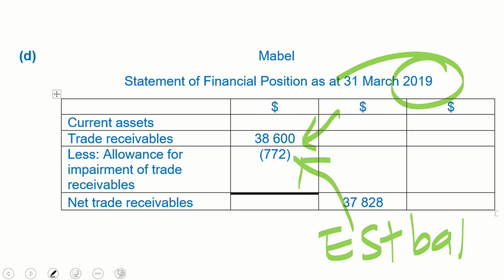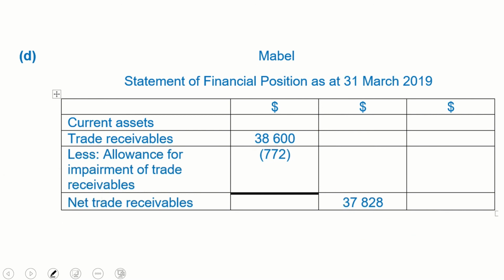Finally, you will need to record your net trade receivable, which is actually these two numbers: trade receivable minus allowance for impairment of trade receivables.